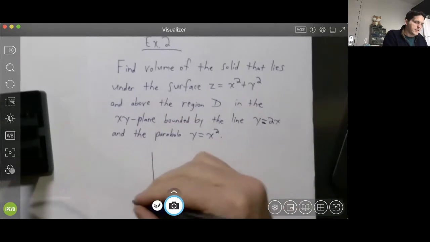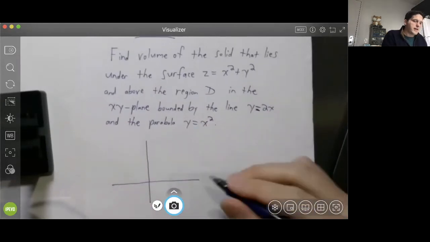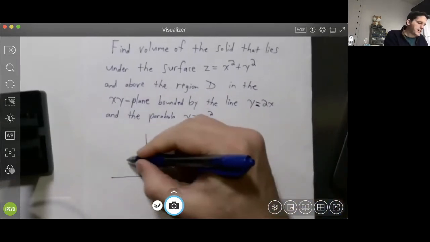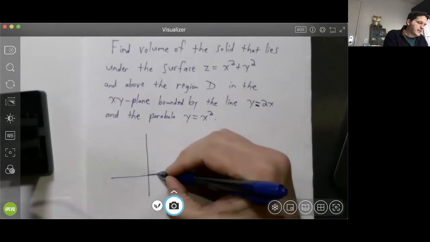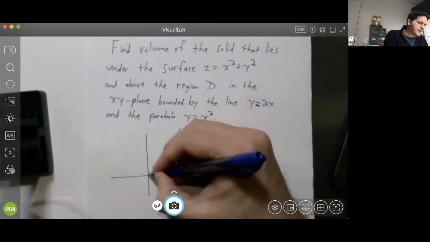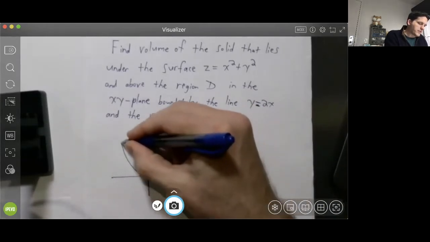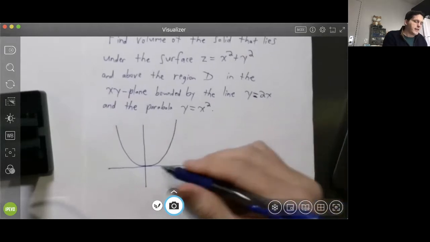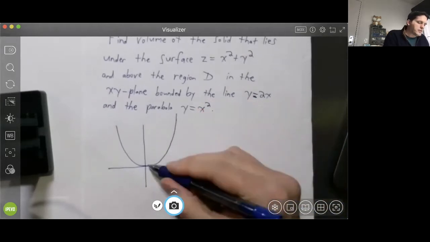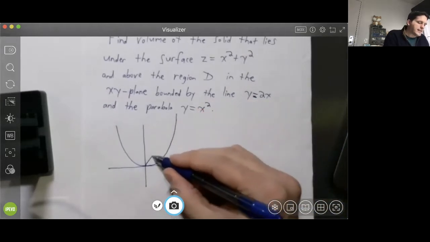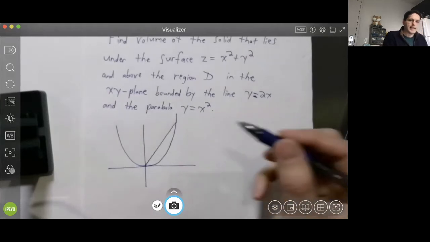So y = x² is a parabola that looks like this. There's y = x², and y = 2x is a line that looks like that.